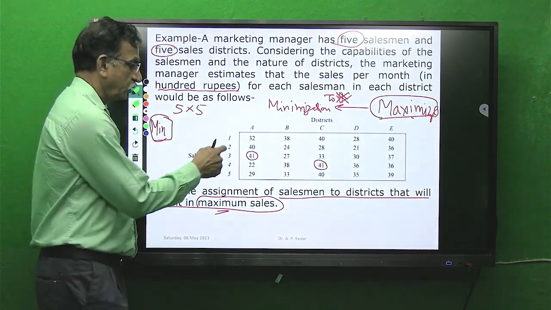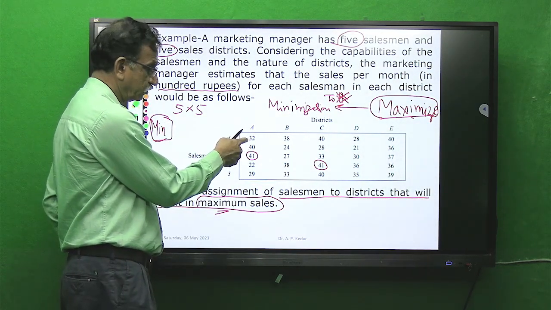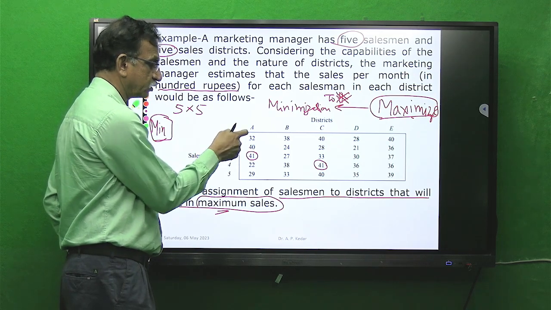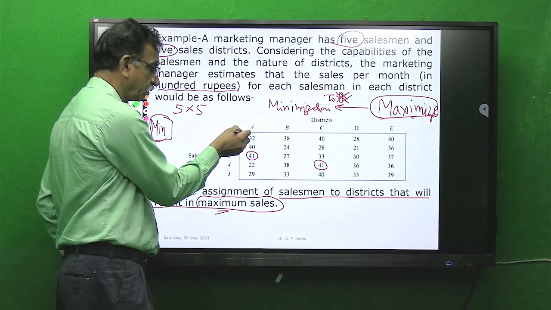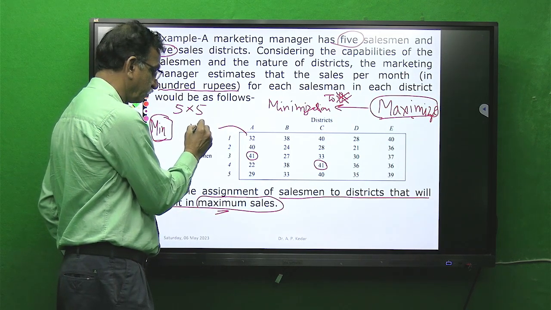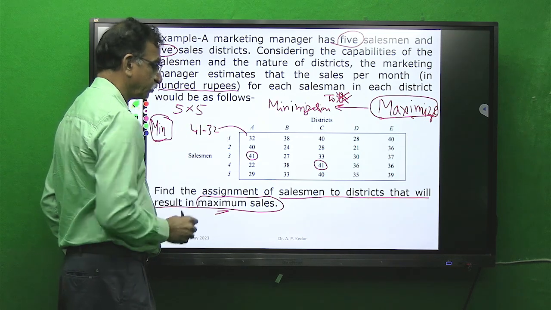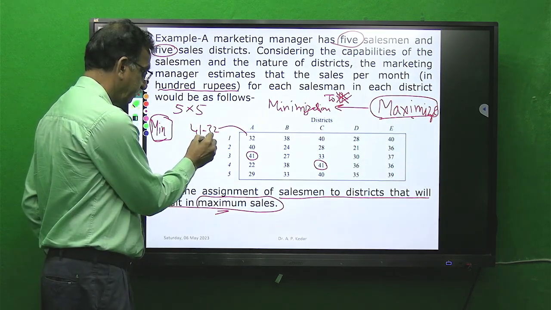So here suppose this value is 32, then 41 minus 32 is equal to 9.